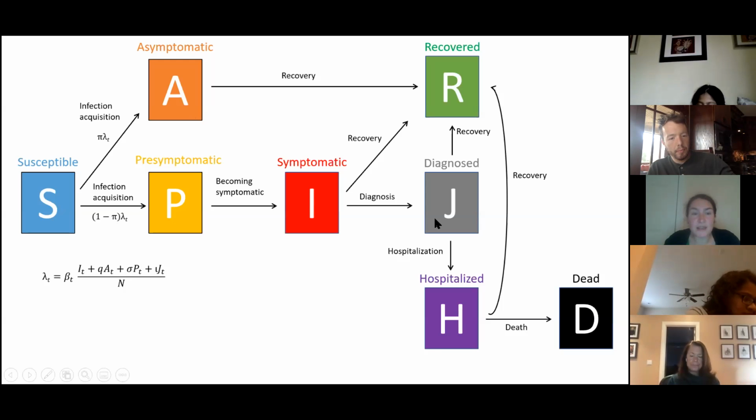We incorporated diagnoses to help us try to pin this to what was being observed in terms of numbers of cases being diagnosed. We incorporated a hospitalized compartment because they were very concerned about hospitalizations and really wanted answers on what kinds of numbers they might be seeing, as that was really the sort of thing that I think was the scariest, most immediate concern back in March and early April.